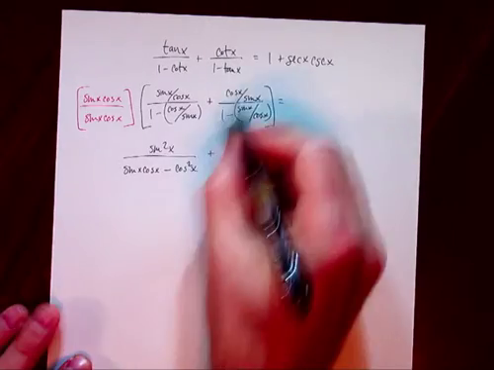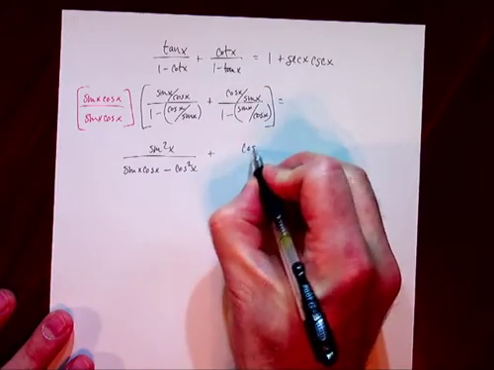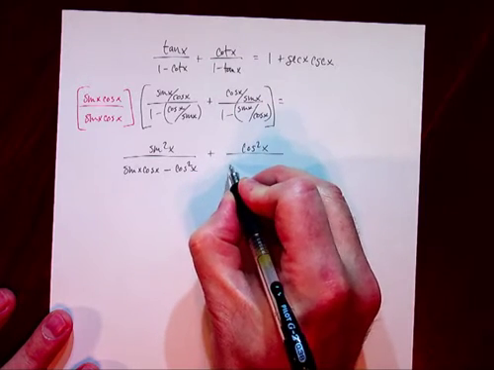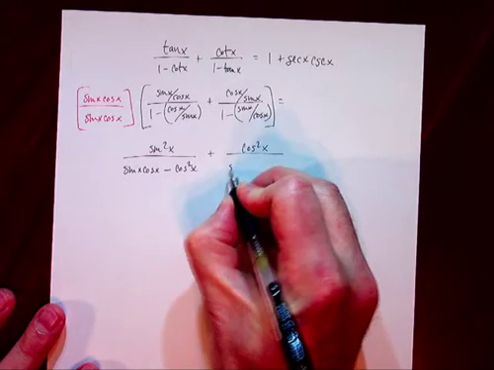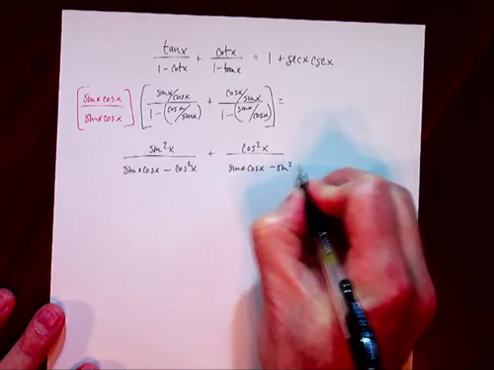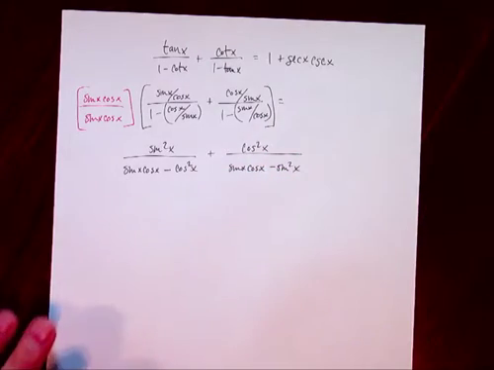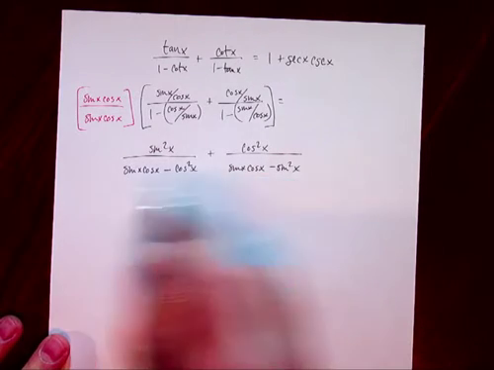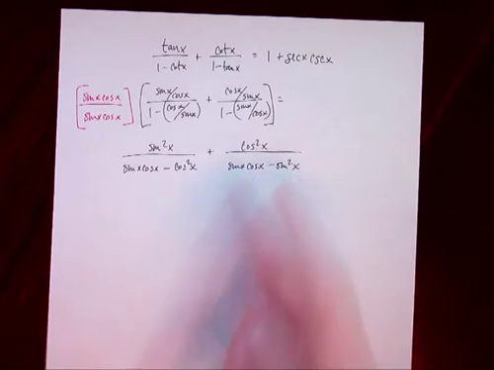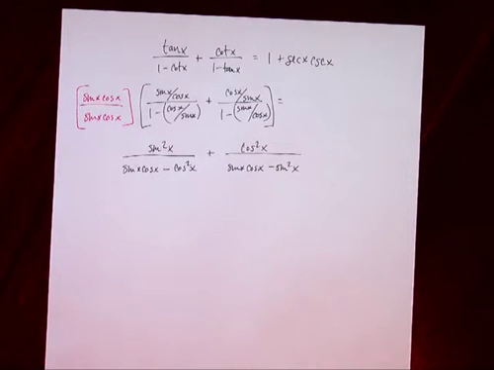Well, something similar is going to happen in this second one, except in sort of an opposite way. And I'm going to get sine x cosine x minus sine squared x. Okay, well, I tell you what. I see that I do have a factor that is common to both of those denominators if I were to reverse the order of that second denominator.